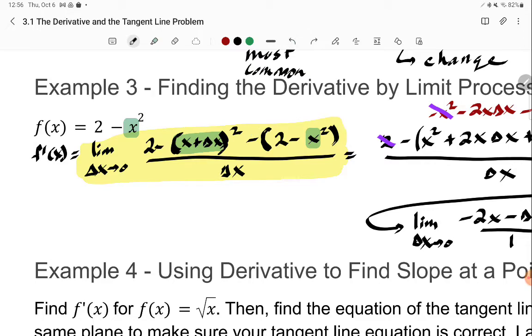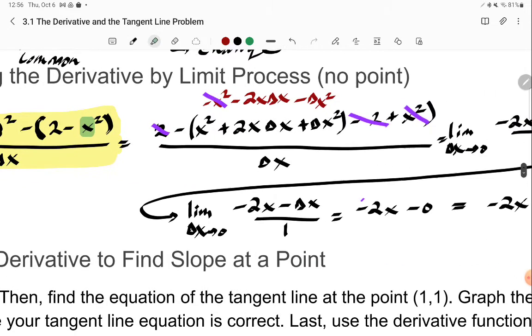Then we're going to have to multiply this part out right here, and that's what all of this is. And now to see what things cancel, I distributed this into all of those. And this is one term, 2x times change in x.